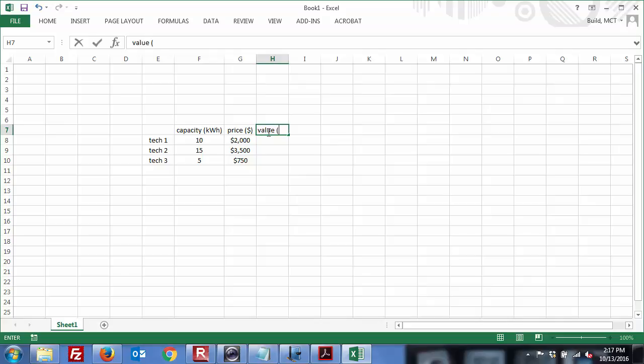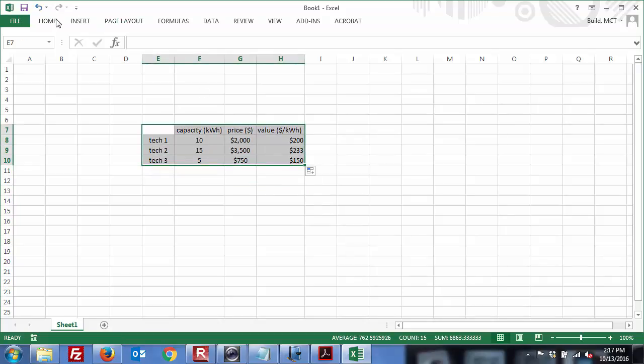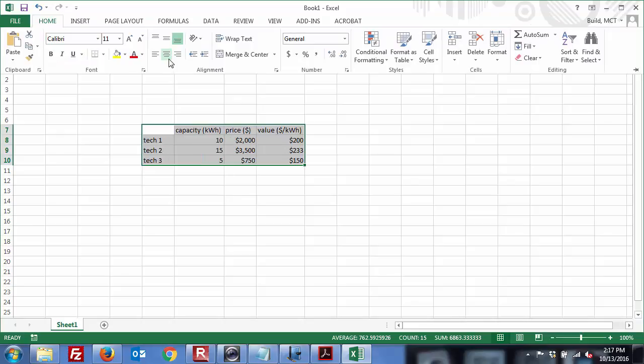We'll put this in dollars per kilowatt hour. So this is just equals dollars divided by capacity. Okay, from there, this allows you very quickly to compare these.